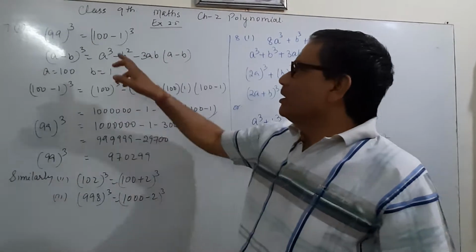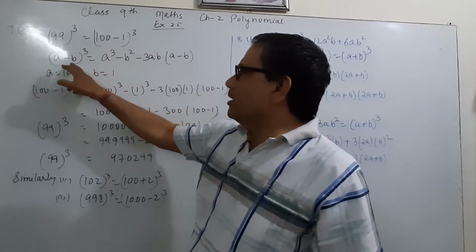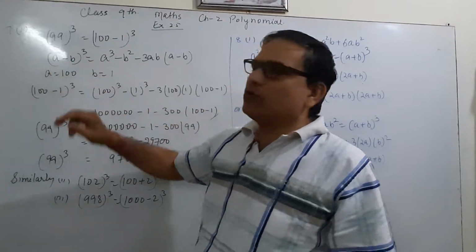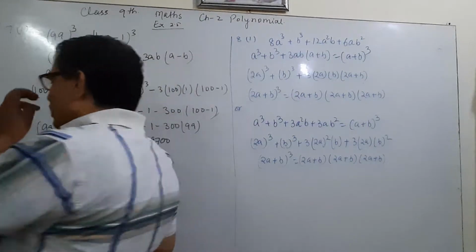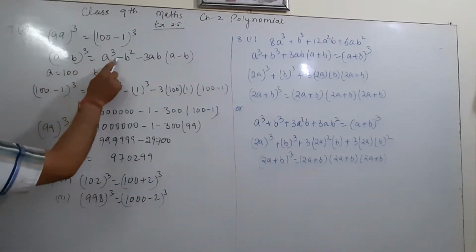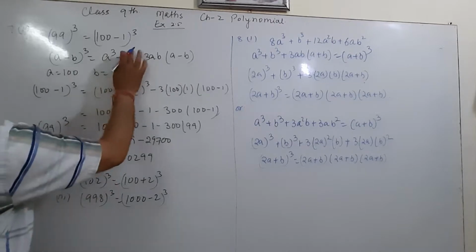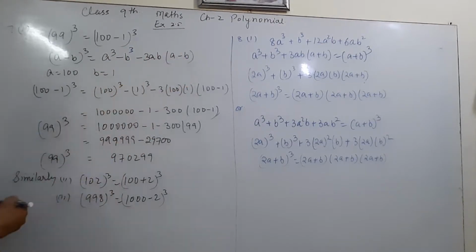Then this 100 minus 1 whole cube can be written in what form? A minus B whole cube, and we know the identity: A minus B whole cube is equal to A cube minus B cube minus 3AB (A minus B).